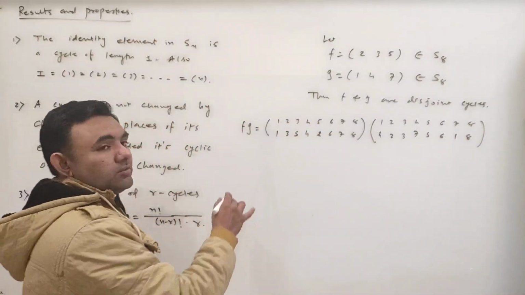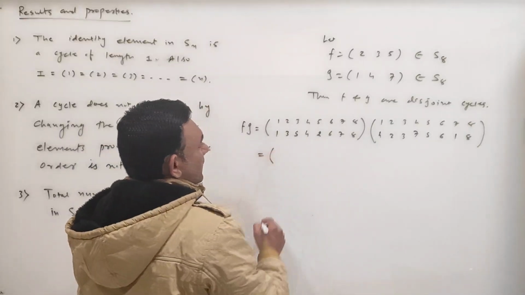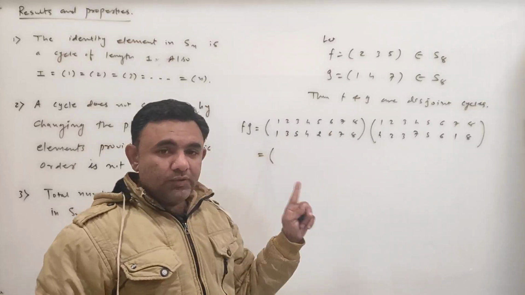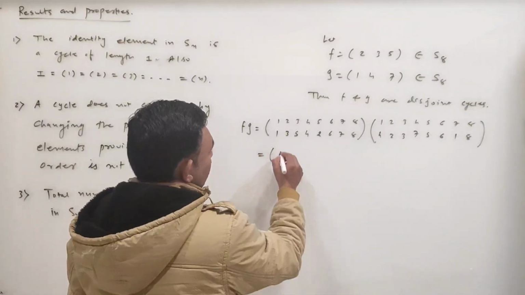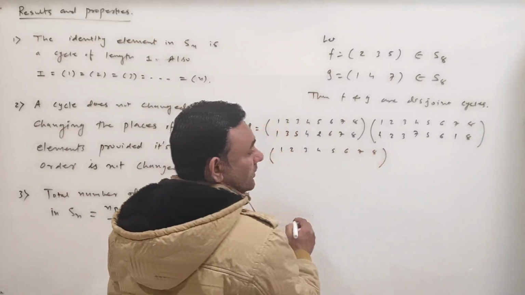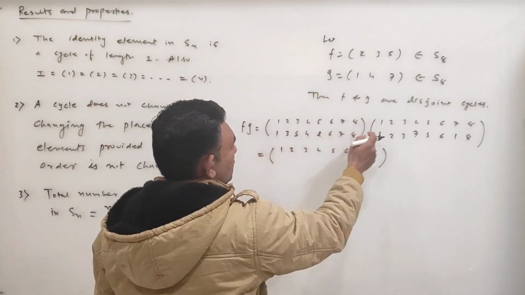Now let us compute this product. And as we had decided, we will always compute from left to right. So it is 1, 2, 3, 4, 5, 6, 7 and 8. 1 goes to 1, 1 goes to 4.